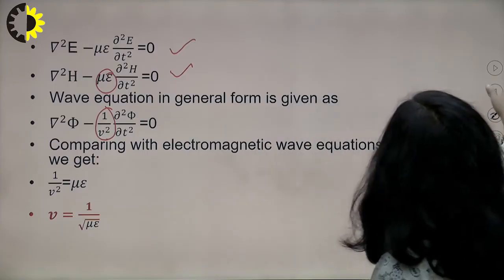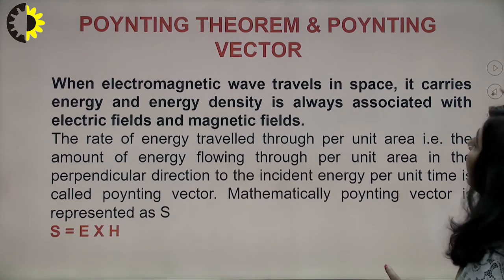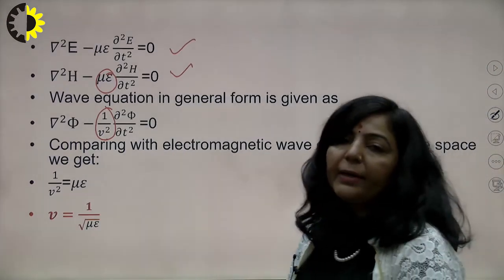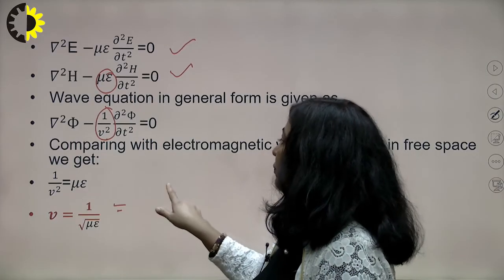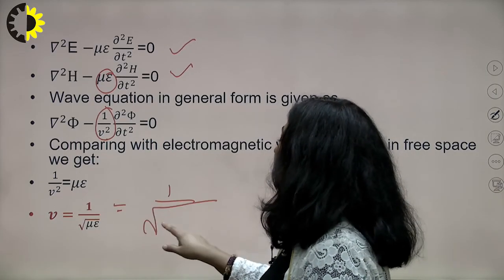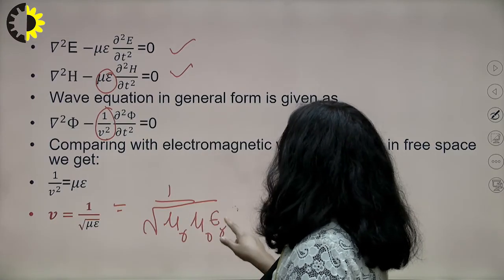So these are your electromagnetic wave equations in dielectric or non-conducting medium. You can also write this as 1 upon under root mu. Mu can be written as mu r into mu naught, and epsilon can be written as epsilon r into epsilon naught.